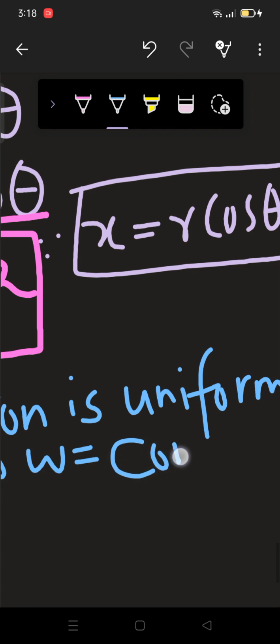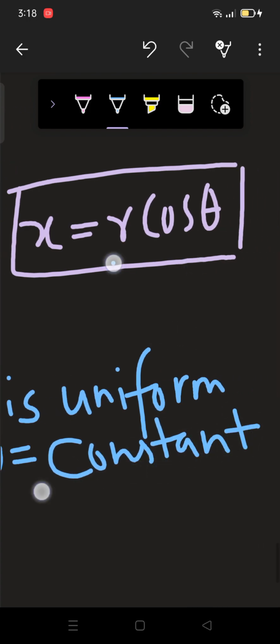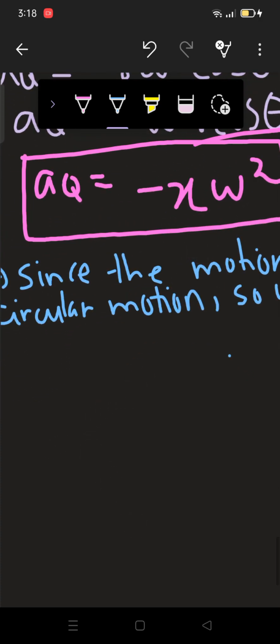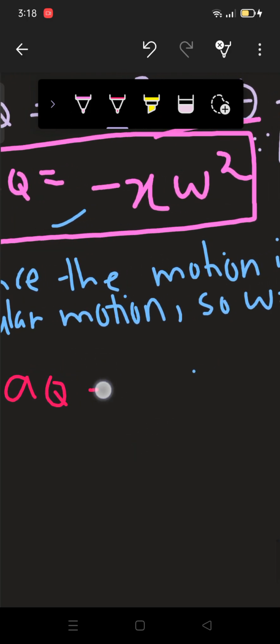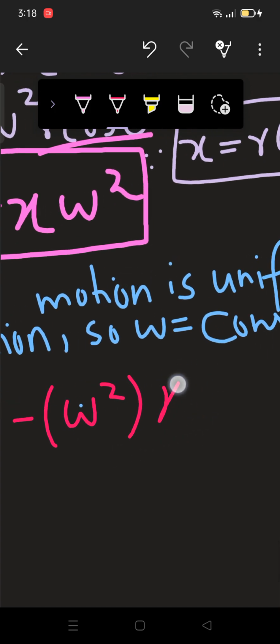We must make omega equal to constant, right? So if I rearrange this formula, I can write a_q is equal to minus omega squared x, right?